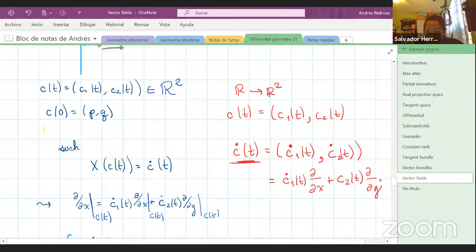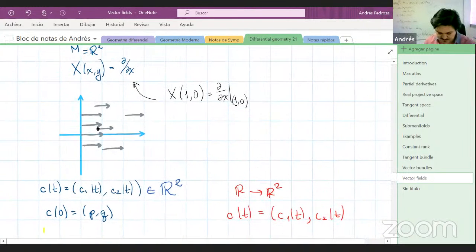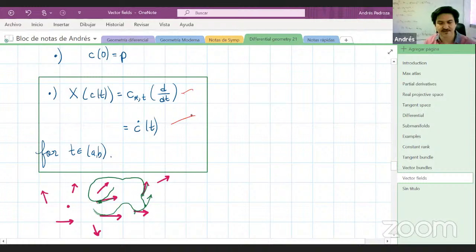Yeah, that makes sense. And when you see the notes, that's why I wrote down these two distinct notations. They mean the same.